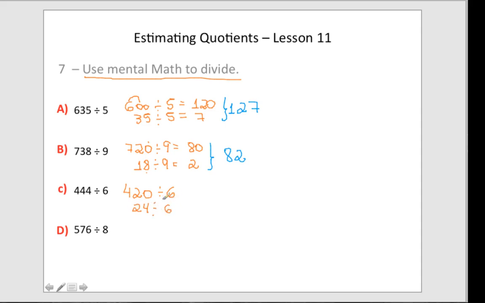So I do first here 42 divided by 6, it is 7. But I need to add a 0 here. Okay, so it is 70. And here, 24 divided by 6 is 4. So what do I do now? Ta-da! I add 70 plus 4, 74.